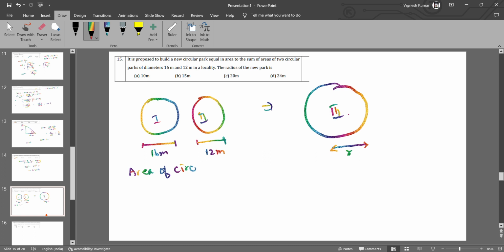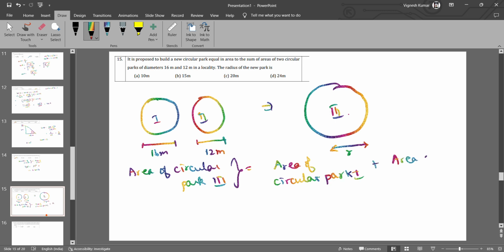So what they have given: area of circular park 3 is equal to area of circular park 1 plus area of circular park 2.